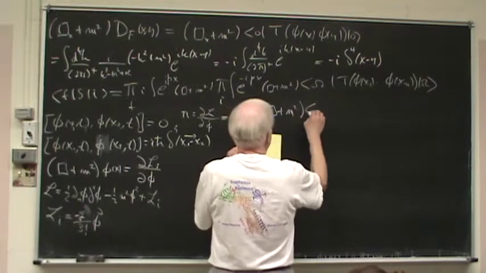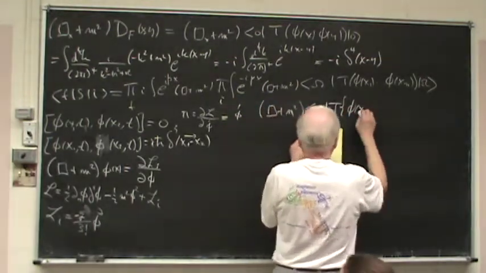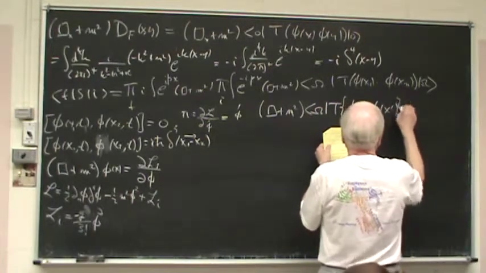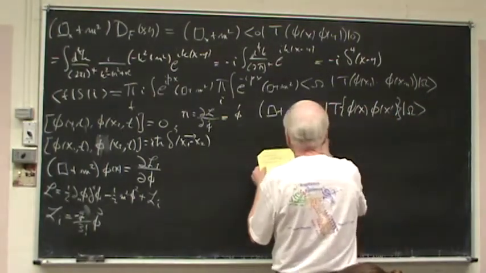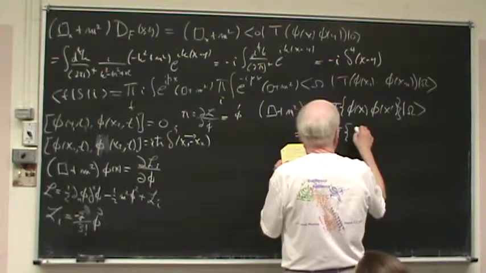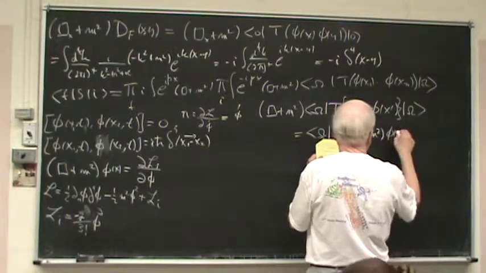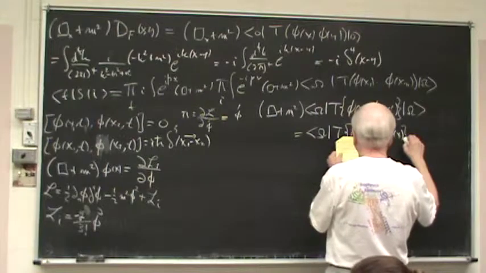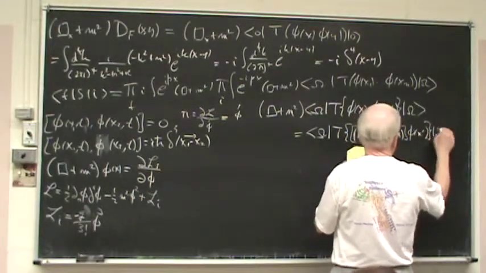Box plus m squared on omega, time-ordered product phi of x, phi of x prime, omega, is equal to omega, time-ordered product, box plus m squared on phi of x times phi of x prime, time ordered.